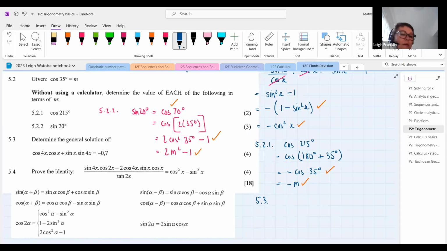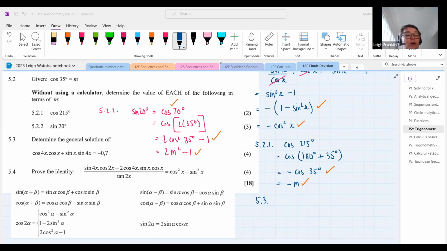Good, it's a compound angle. What sort of compound angle is it? That's it. It's a compound angle for cos.